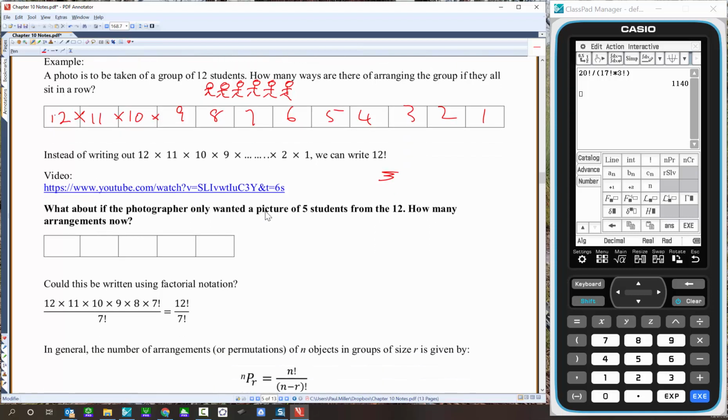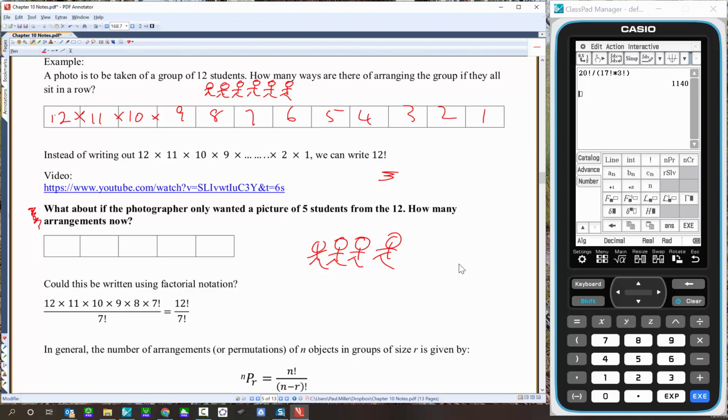What about if the photographer only wanted a picture of 5 students from the 12? How many arrangements now? Note that the wording in your notes might look a little bit different, because I updated this, I thought the way it was written was a little confusing. So I wanted a picture of 5 students from the 12. Well, there would still be the 12 girls up there.